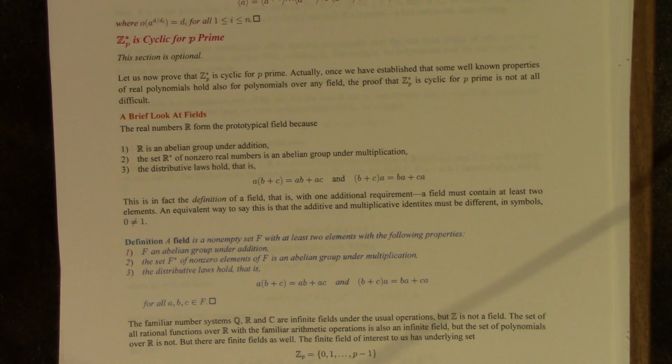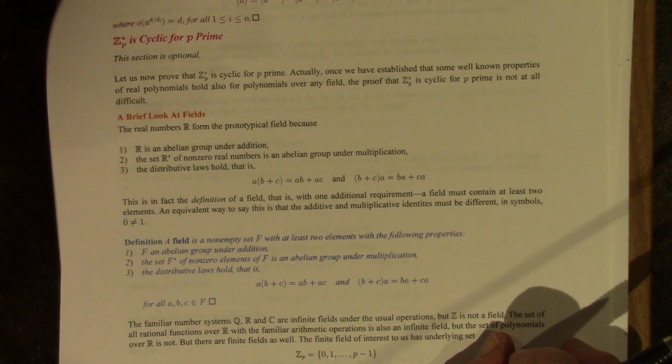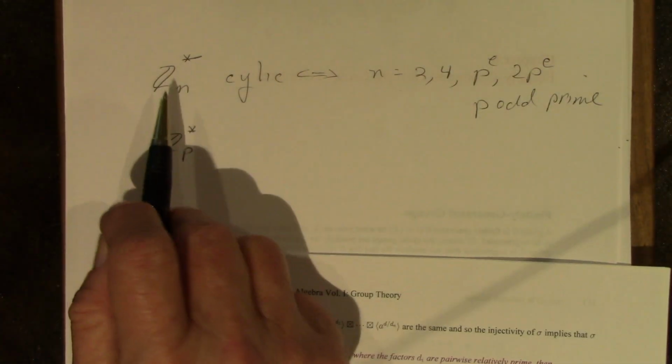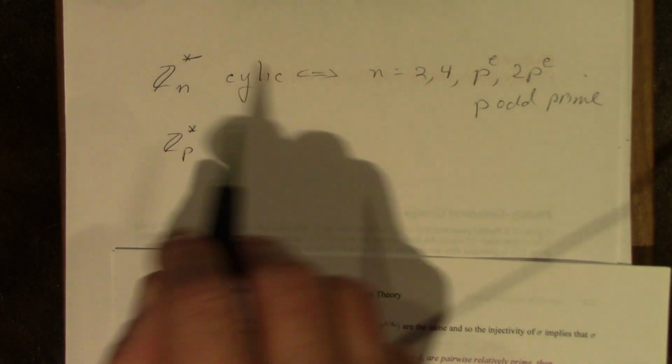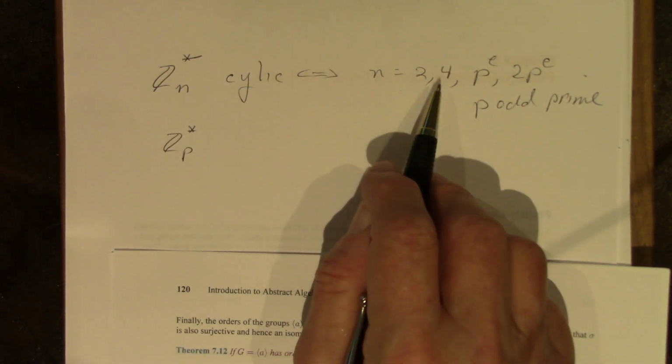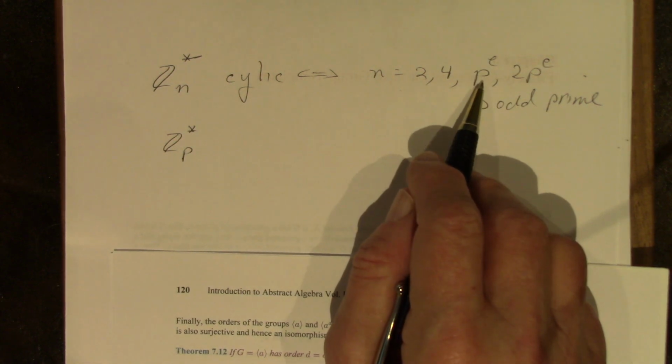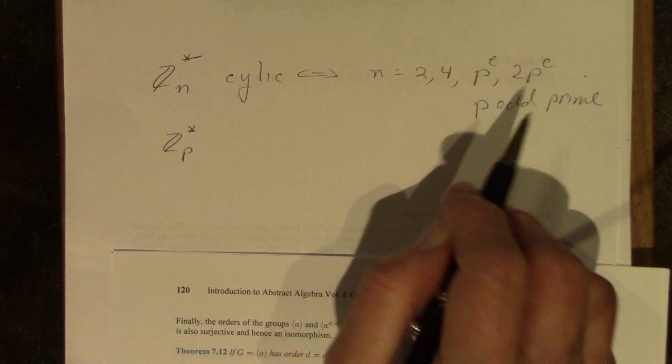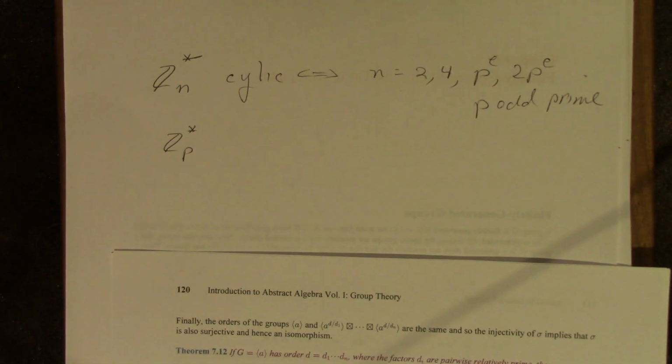And I mentioned that it is possible to show that the groups Zn star are cyclic if and only if n is equal to 2, 4, p to the e, or 2p to the e, where p is an odd prime.